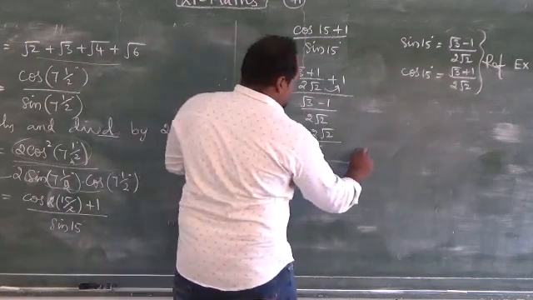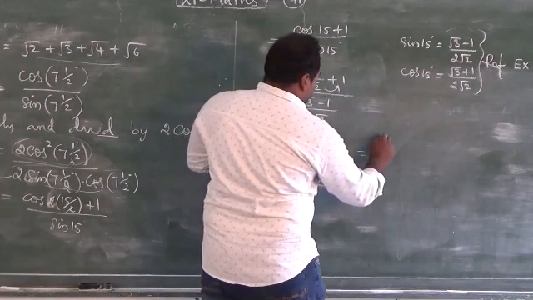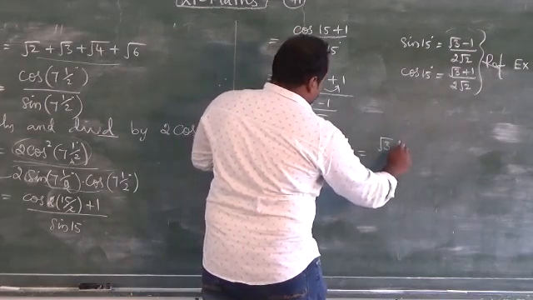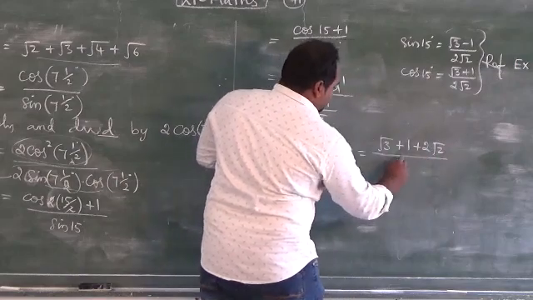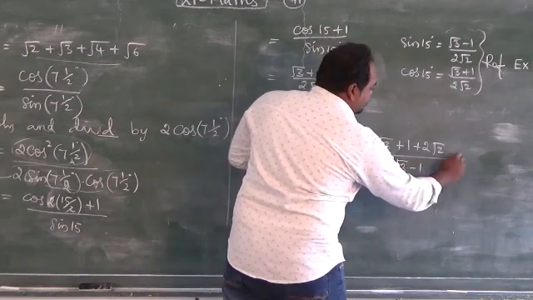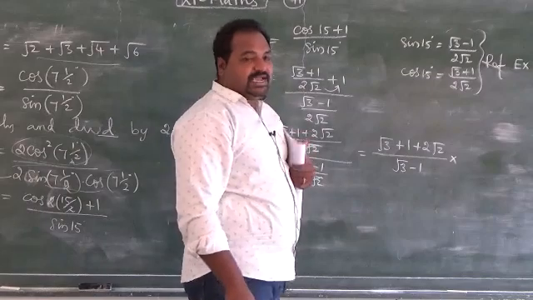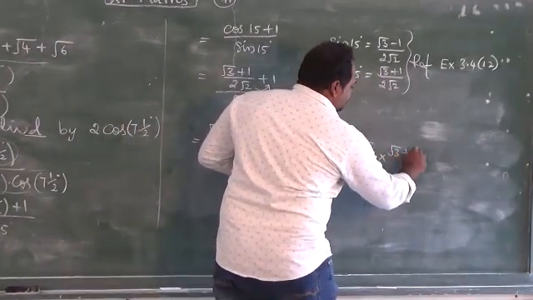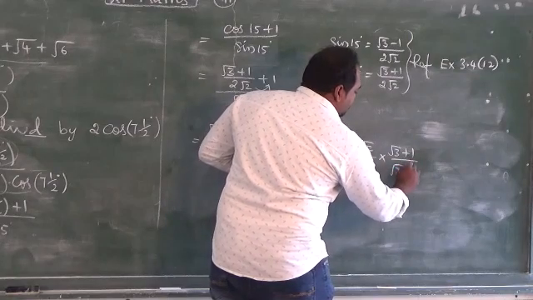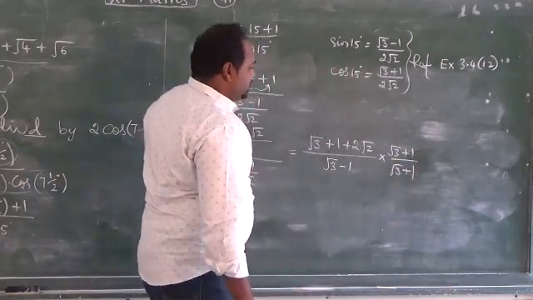Cancel this, and it will be root 3 plus 1 plus 2 root 2 divided by root 3 minus 1. For simplification, we take the conjugate and multiply by root 3 plus 1 by root 3 plus 1.